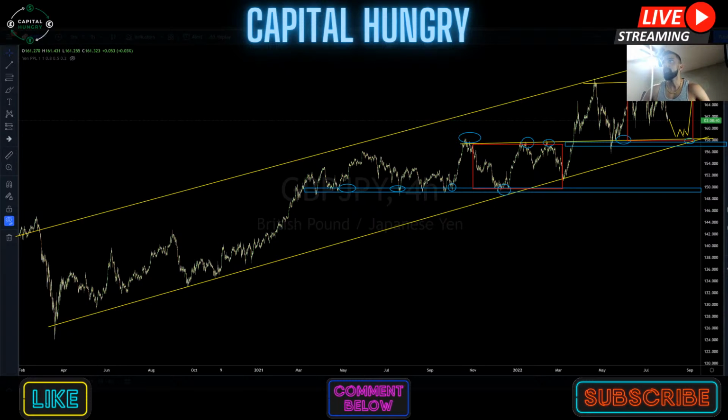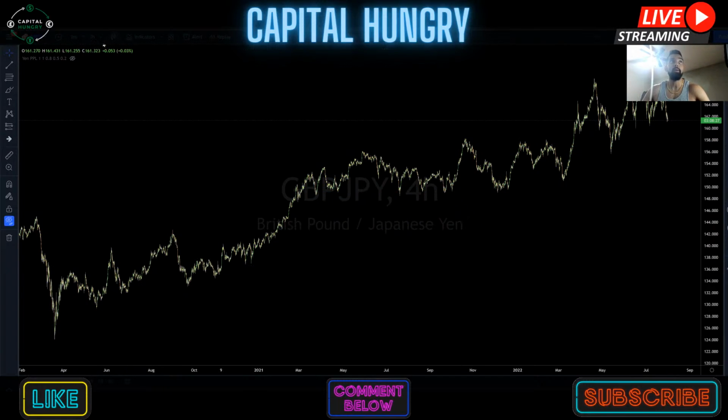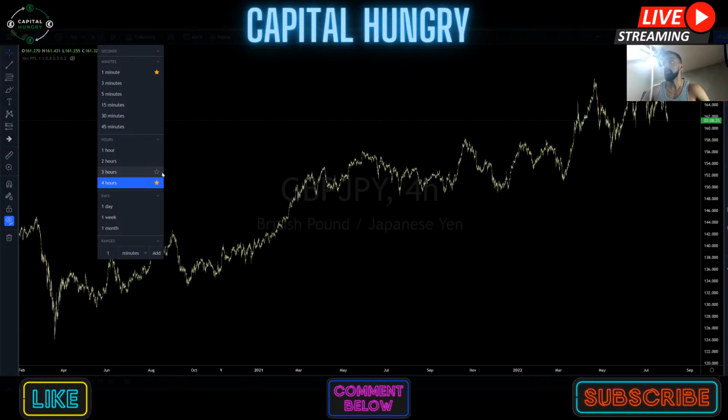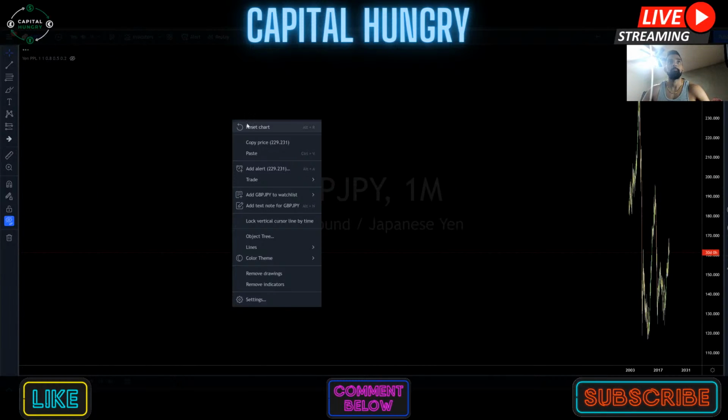We want to watch this pullback level by level because if we start trading below 161 flat, we have a lot of potential to go to the demand zone at 158 for the new monthly setup period before continuing up. Remember, this new monthly period just started. Look, right?